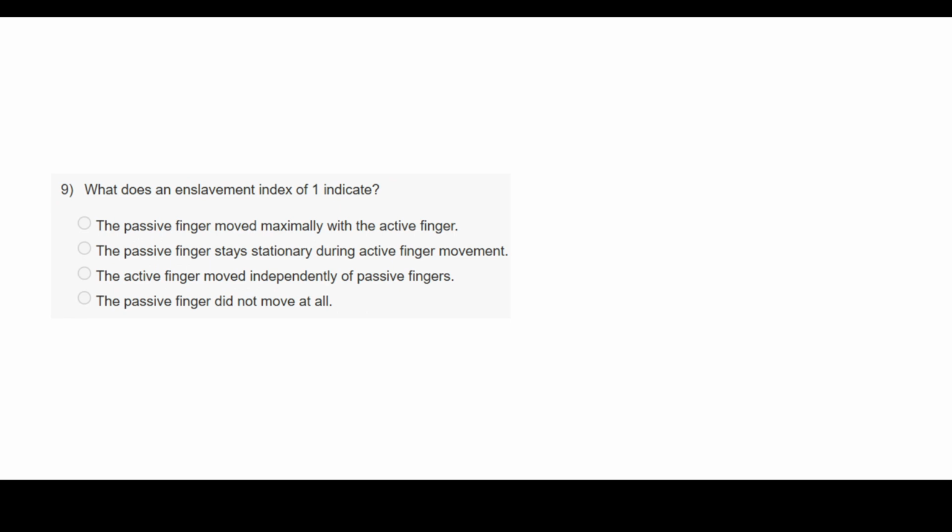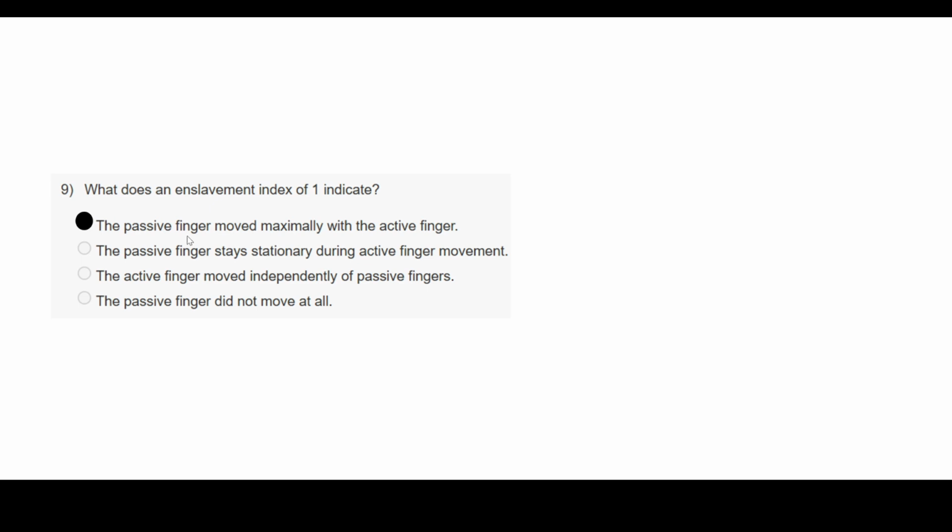What does an enslavement index of 1 indicate? The passive finger moved maximally with the active finger. The passive finger stays stationary during the active finger movement. The active finger moved independently of the passive fingers, and the passive finger did not move at all.